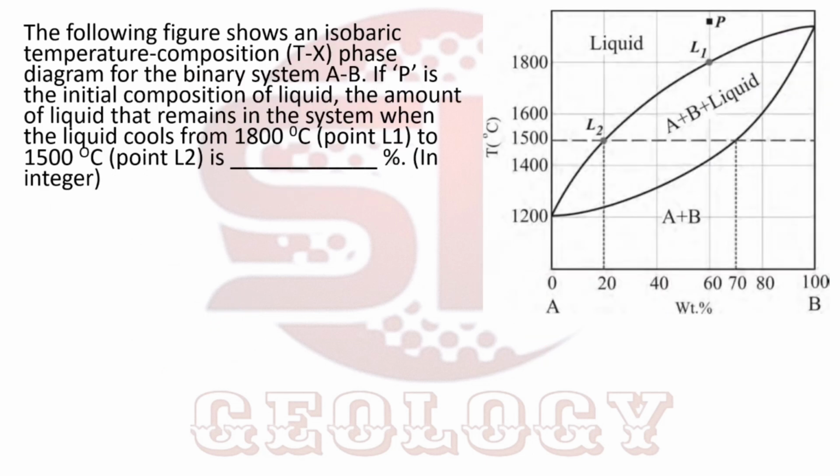Also, the following figure shows an isobaric temperature-composition phase diagram of the binary system AB. P is the initial composition, which is 60% B. The question asks for the amount of liquid that remains in the system when the liquid cools from 1800 degrees centigrade to 1500 degrees centigrade at this point.